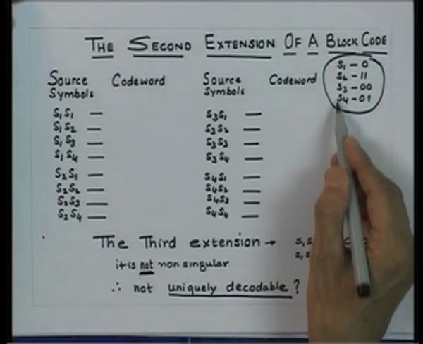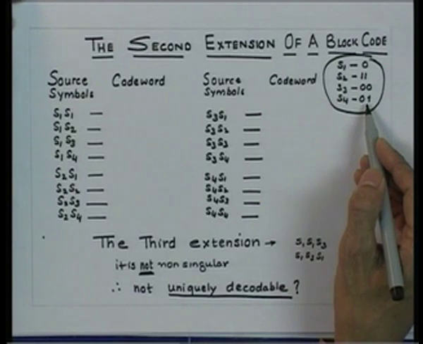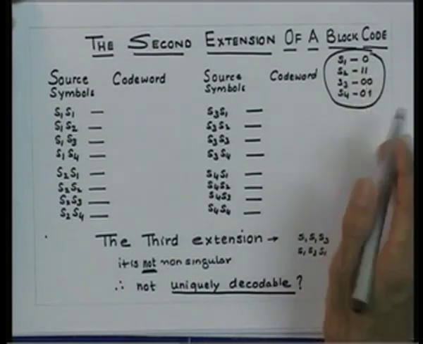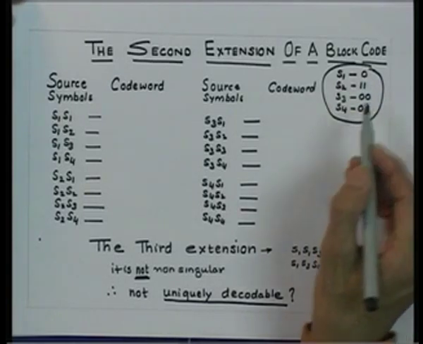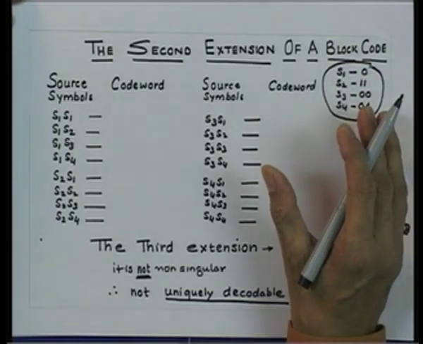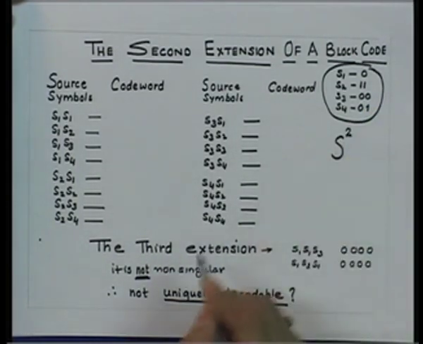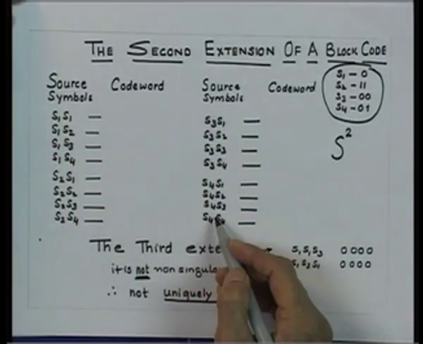So, I have 4 symbols and I have 4 distinct code words for it. So, this is an example of a non-singular block code. Now, the second extension of the source S1, S2, S3, S4 will comprise of 16 symbols, which have been listed here.